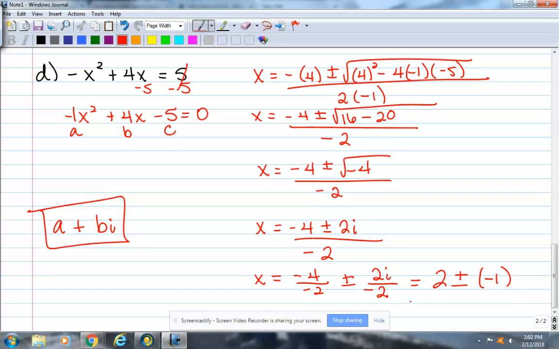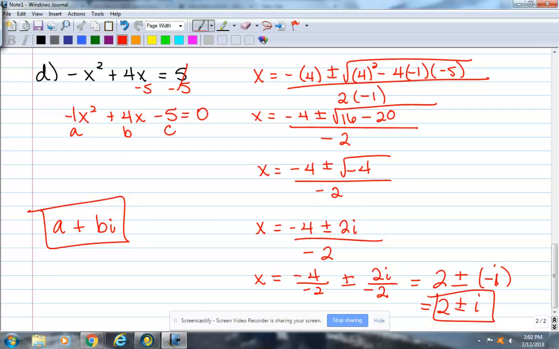And since it's plus and minus, you can just say 2 plus and minus i, because the negatives just swap the order of them. Minus a negative is a plus, and plus a negative is a minus.